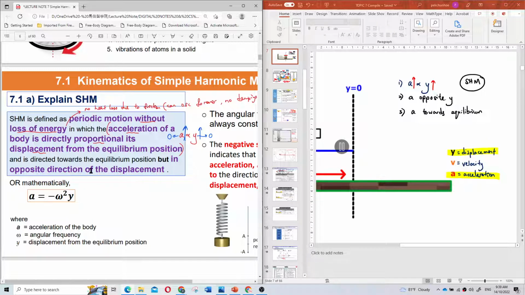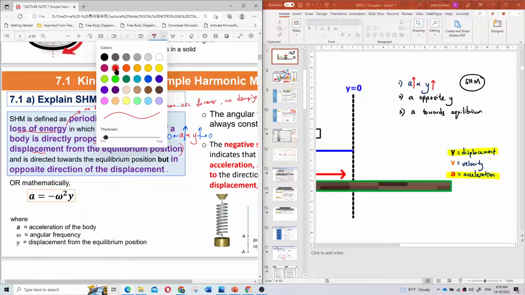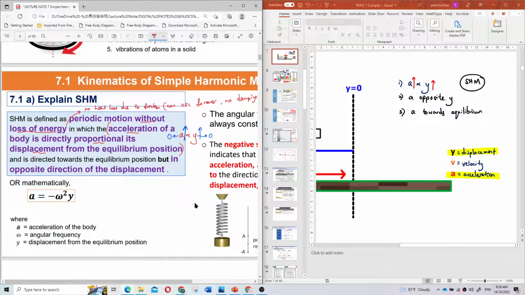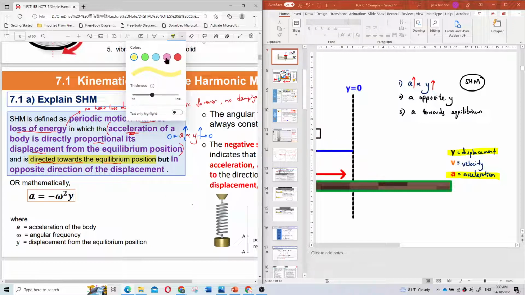And then secondly, what's the second thing you say? Look at here. Acceleration is directed towards what? Equilibrium. Fantastic. It is always directed towards equilibrium. So that's the third thing you see. But what? But opposite direction.